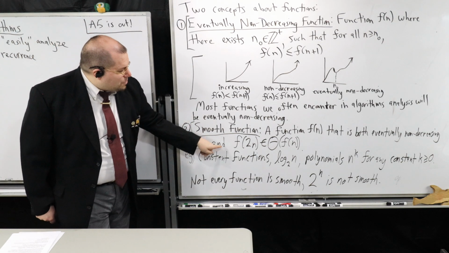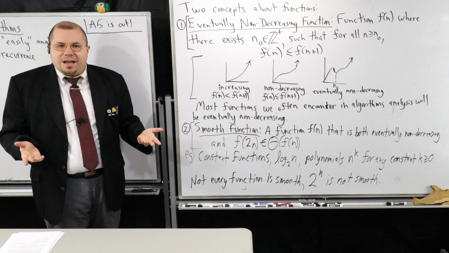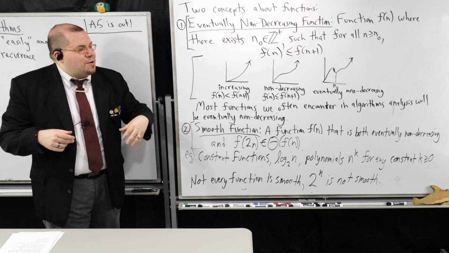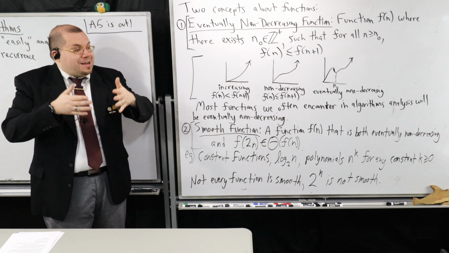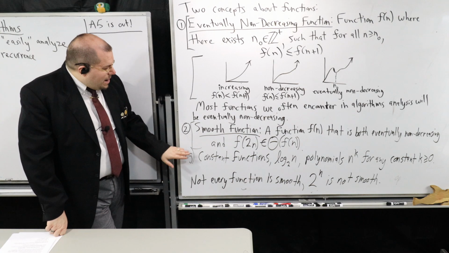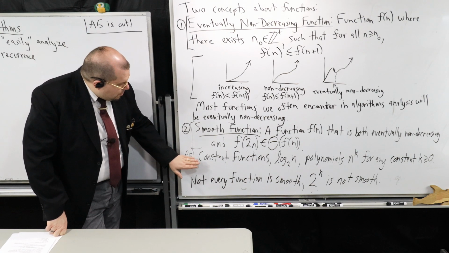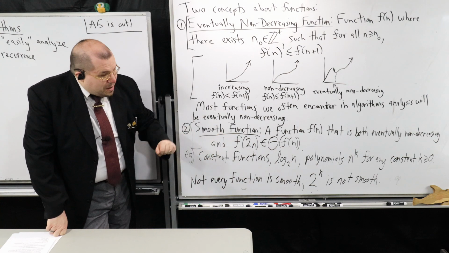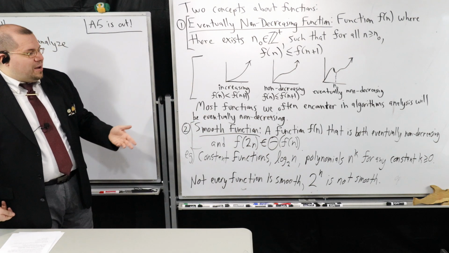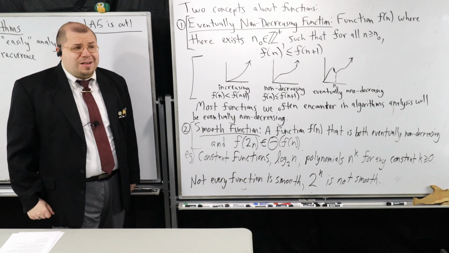The way you would establish the second criterion is you imagine you're proving a claim involving big theta, except on the left-hand side, you write whatever f is, where everywhere you had an n, you replace it with 2n. That's it. So what kind of functions are so-called smooth? Well, constant functions are, log base 2 of n is, and polynomials, like n to the power of k for any constant k greater or equal to 0, are all smooth functions.